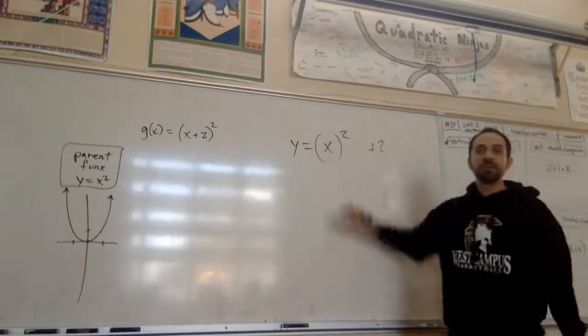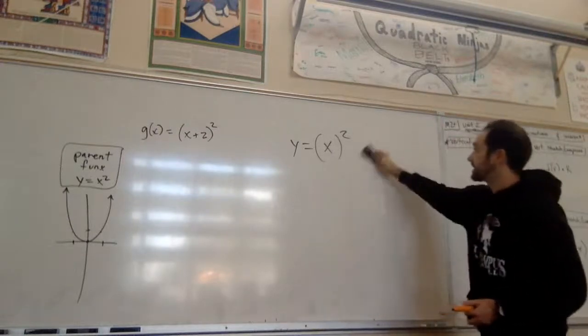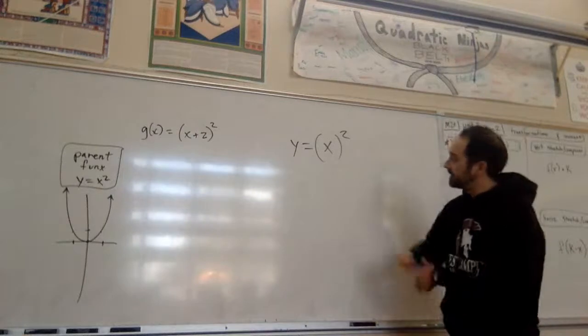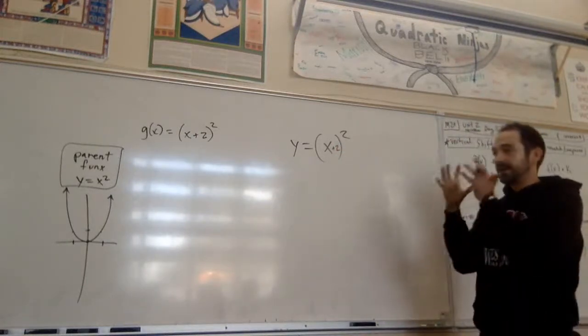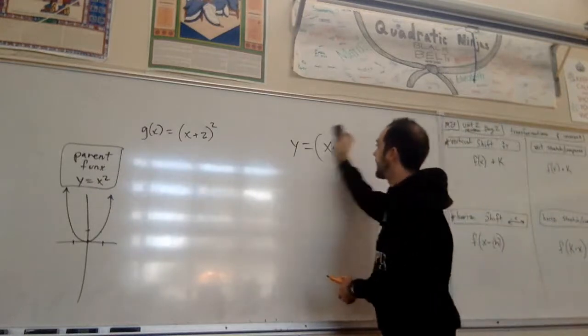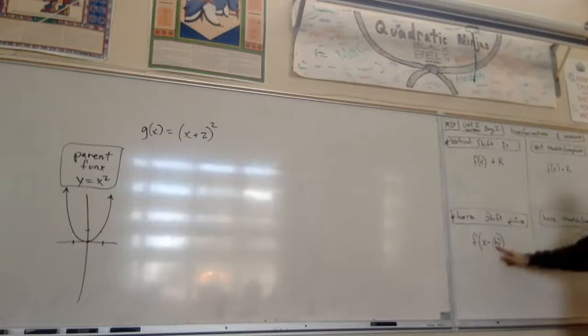It'd be the function just moved up. But where is that plus 2? It's within the function. It's manipulating the x value. So now I want to look at, compared to this, what h value do I need to plug in? What h value do I need to plug in in order to make it x plus 2?